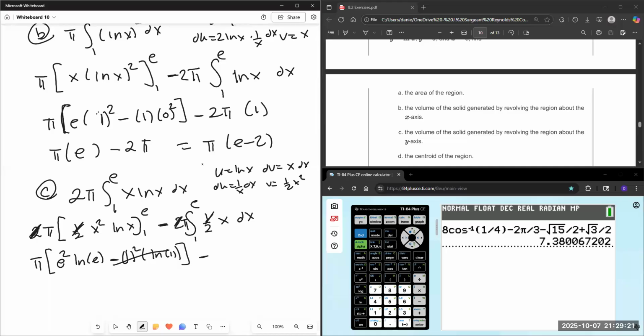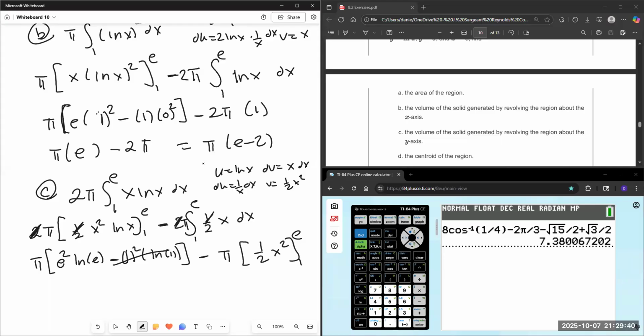minus pi times 1/2 x squared from 1 to e.